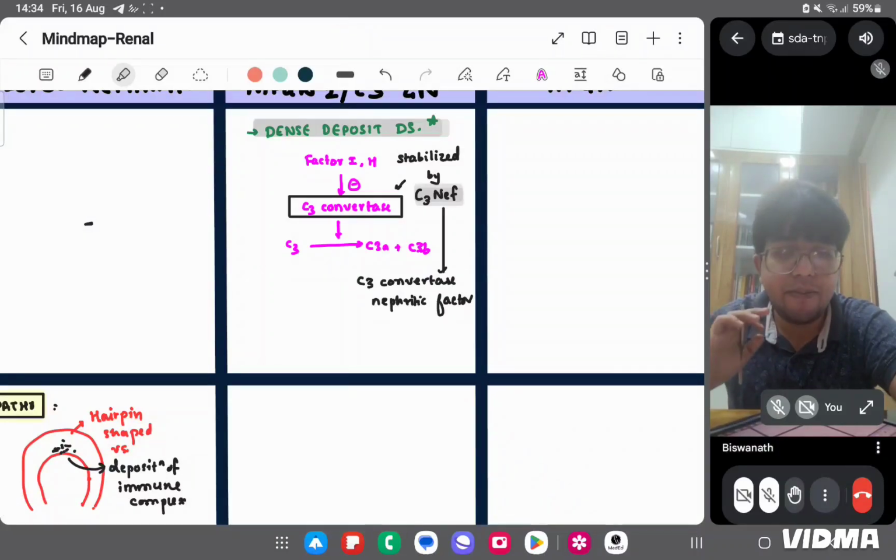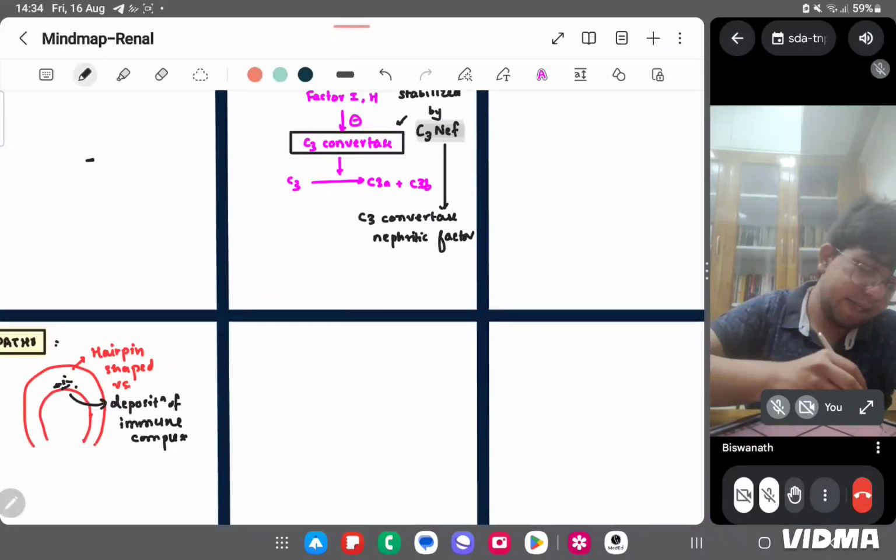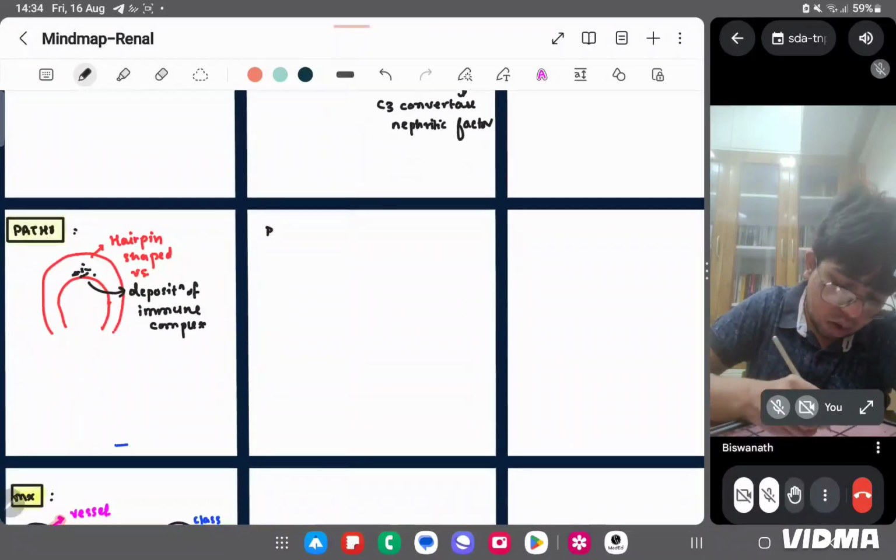But the pathogenesis, how the disease occurs, can be of two types.